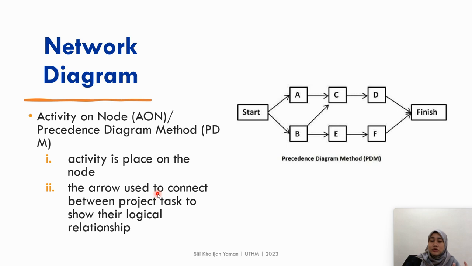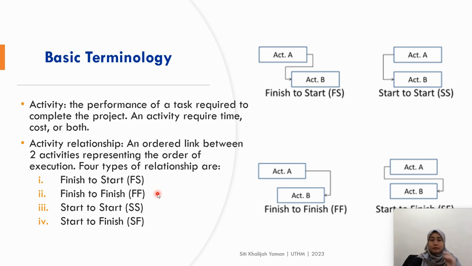The arrow is used to connect tasks and show their logical relationship, either finish to start, finish to finish, start to start, or start to finish. This is the relationship between activities.